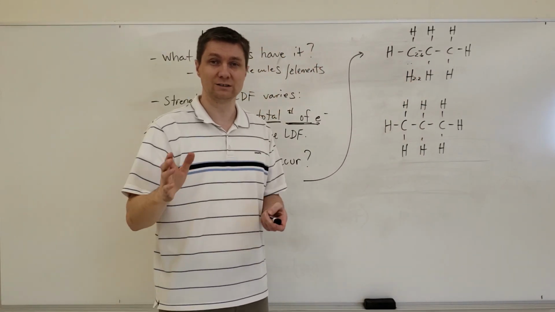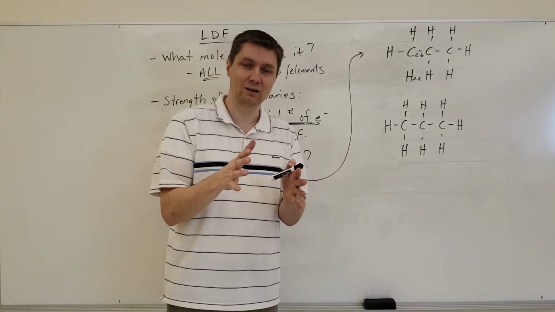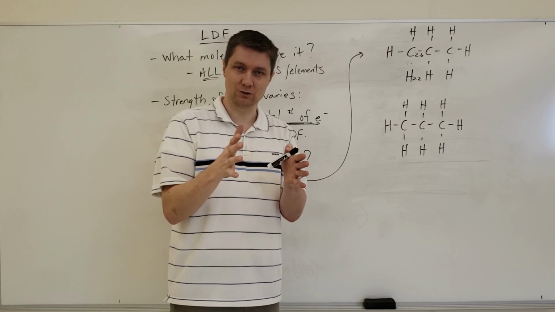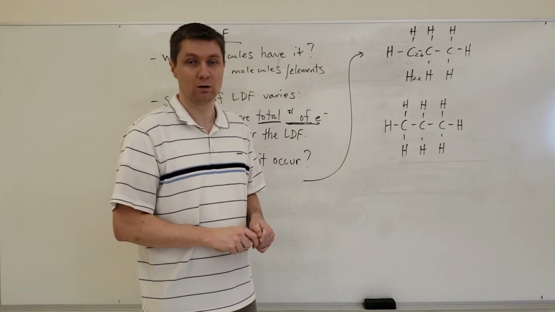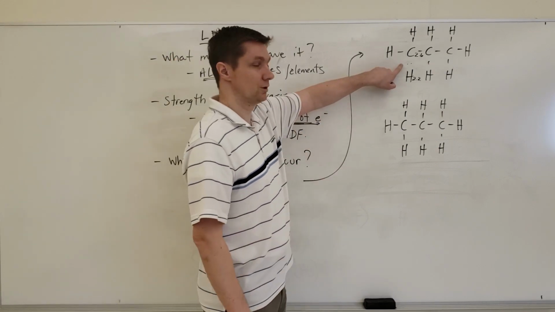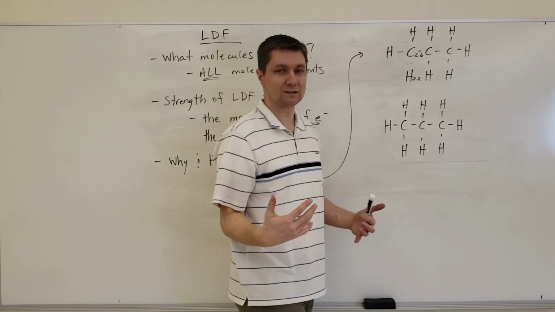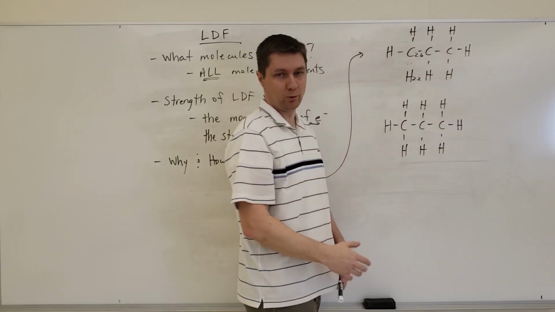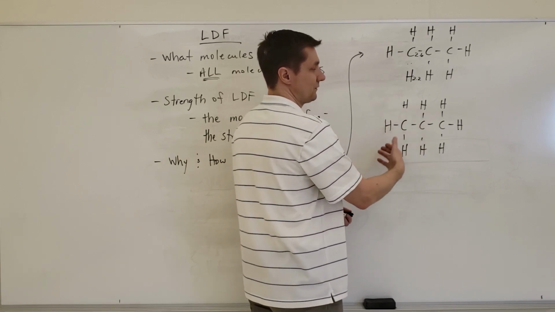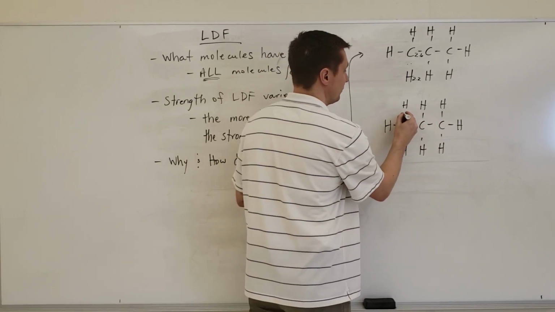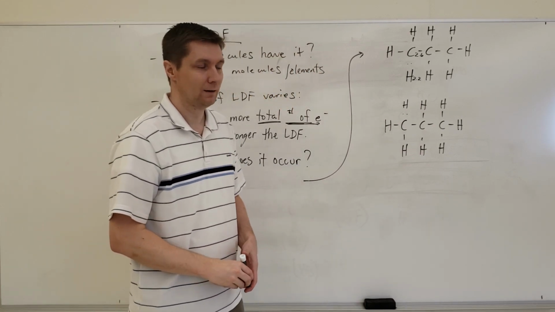Now, we know the rule is that if the difference in electronegativity between those two atoms is 0.4 or less, then that's a non-polar bond. And so the electrons will be shared equally. And if we look at every bond in this molecule, we know that that's the case. All of these bonds are non-polar bonds, therefore electrons are being shared equally. So it is for this molecule right here, this molecule of propane. Every bond in here is going to have electrons being shared equally.